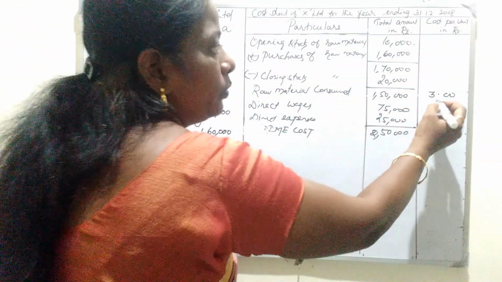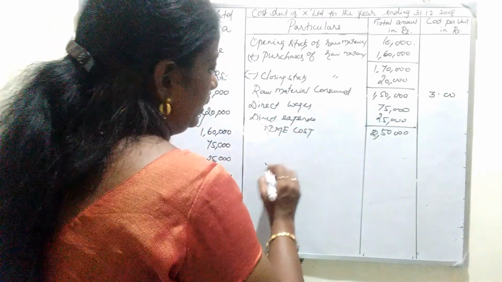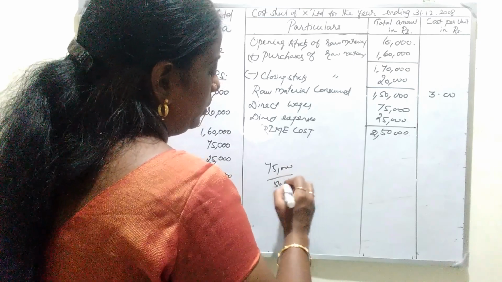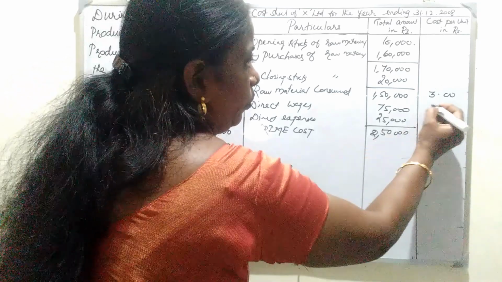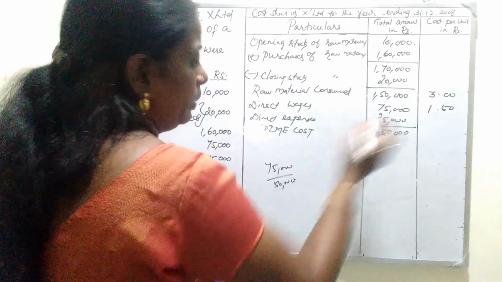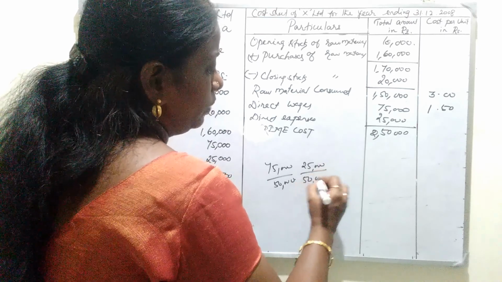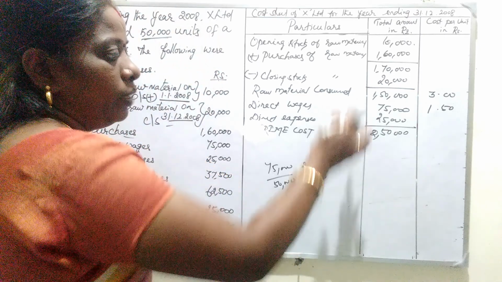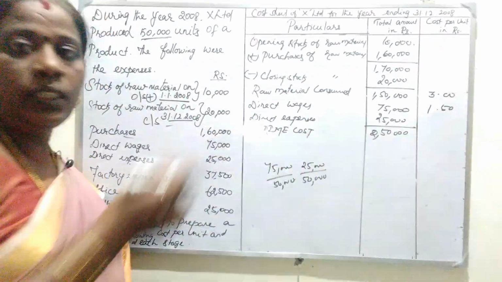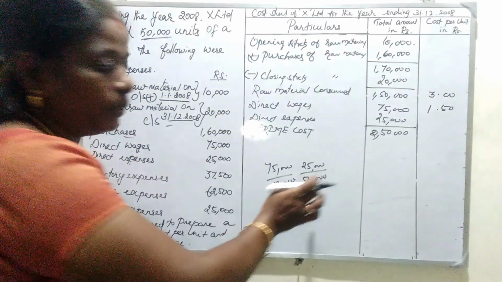Now we find the cost per unit value: direct wages 75,000 divided by 50,000 is 1 rupee 50 paise. Same, 25,000 divided by 50,000 units. For all expenses we divide by the 50,000 units because this is the total units produced.